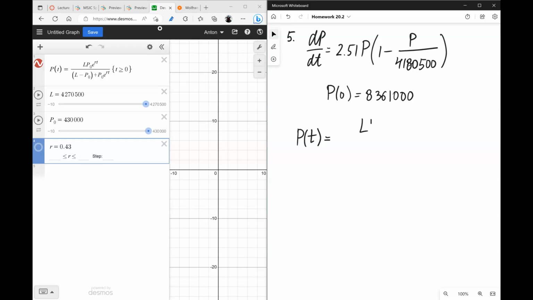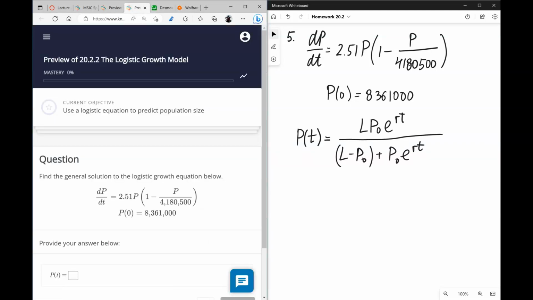So the answer will be L P0 e to the RT divided by L minus P0 plus P0 e to the RT. As long as you know what your L, P0, and R are, then you're good to go. So this is our R, this is our L, and this is our P0.